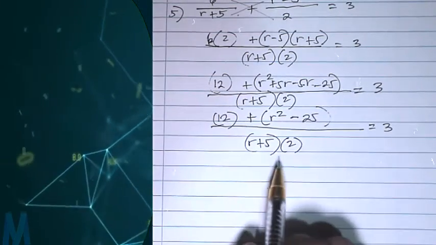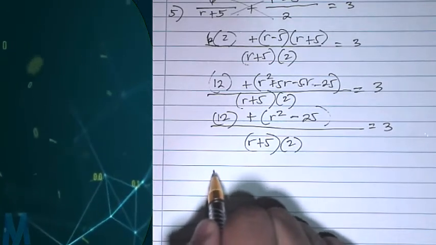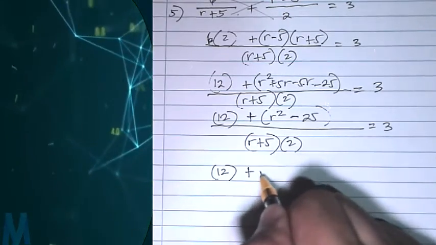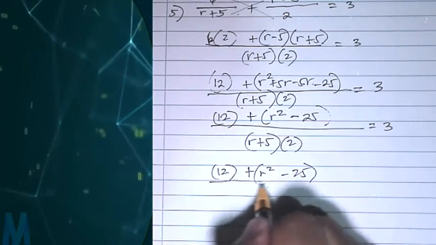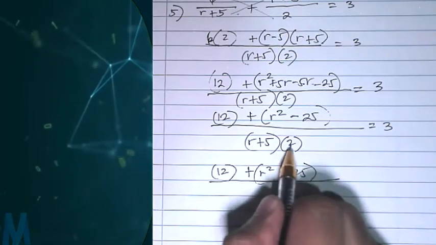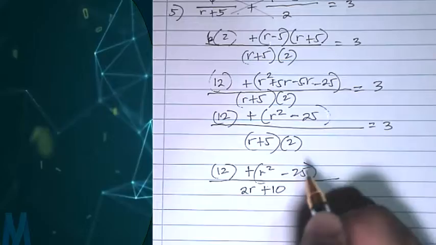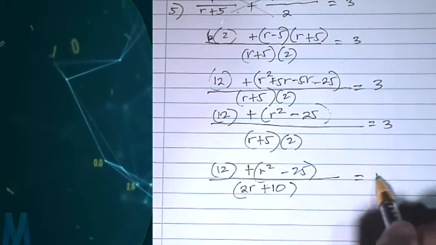So, pwede natin anay i-combine ang r plus 5 times 2. So, kopyahan tayo ng babaw. So, you have 12 plus r squared minus 25 over, you have r plus 5 times 2 is 2r plus 2 times 5 is 10. Is equal to 3.